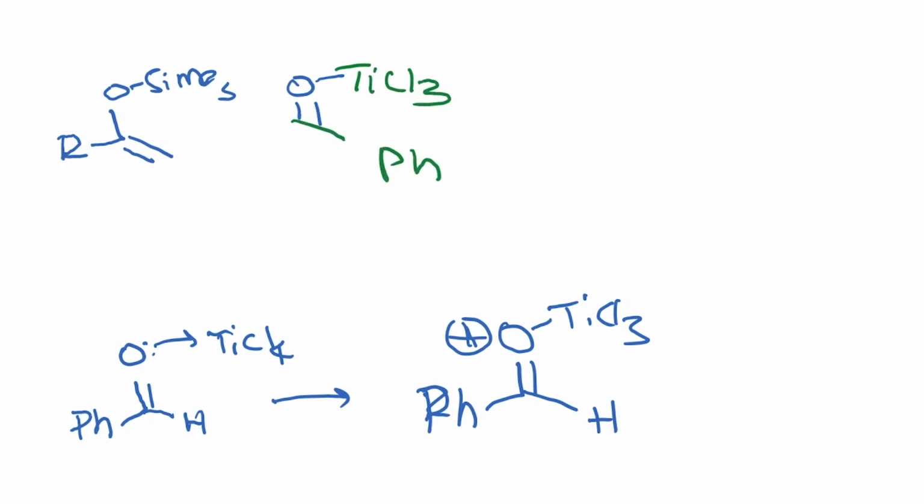Okay. So if we generate species such as this, now what we can propose is that the silyl enol ether is activated enough that it would come here, attack here, and neutralize that positive charge that we have seen.